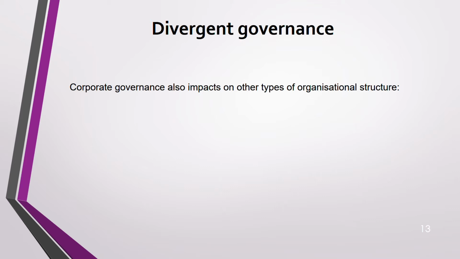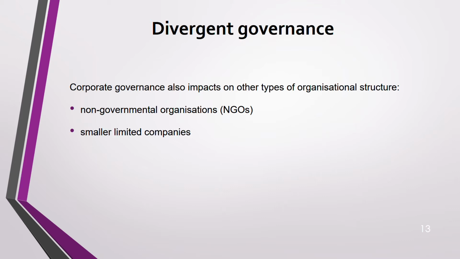So corporate governance is not the same from organization to organization. Remember, the way you do the actions that you have to do differs based on organization structure. What is your organization structure? NGOs will have a different corporate governance. Smaller limited companies will have a different set of corporate governance. Then US companies, we just went through Sarbanes-Oxley, that is rule-based.